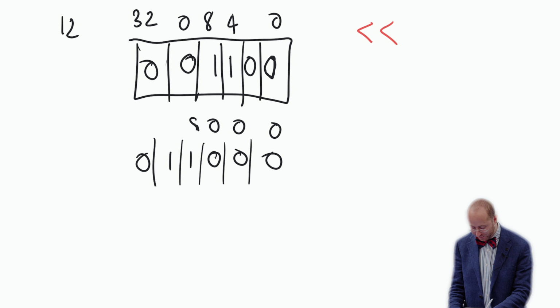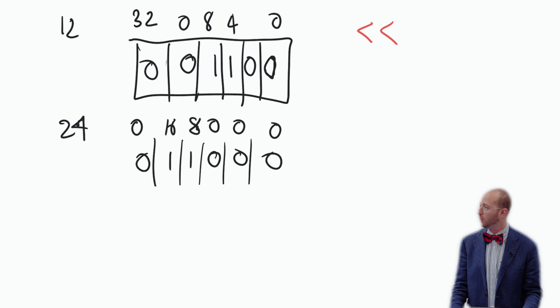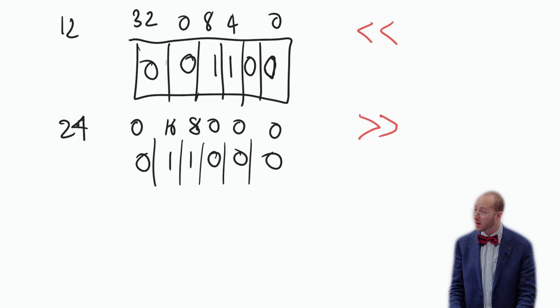I have 8 from the 8's place, 16 from the 16's place, and 0 from the 32's place. That's 24. So what is the relationship between 12 and 24? I've doubled it. So every time I do a left shift, that's equivalent to a multiplication by 2.